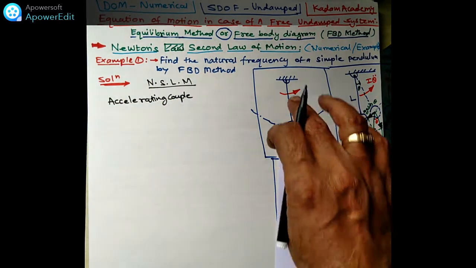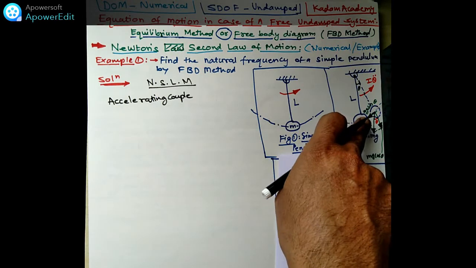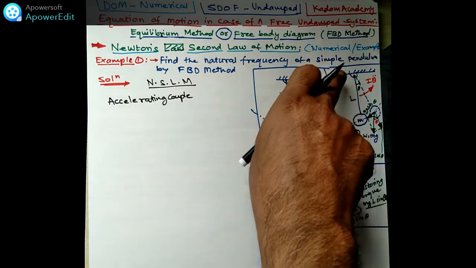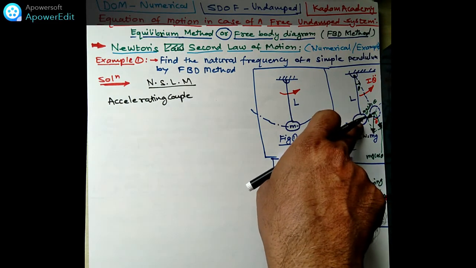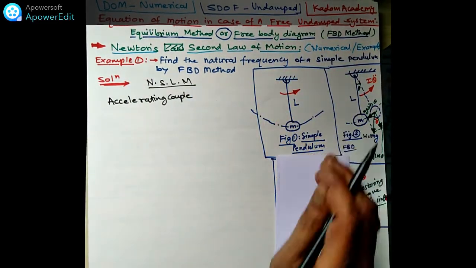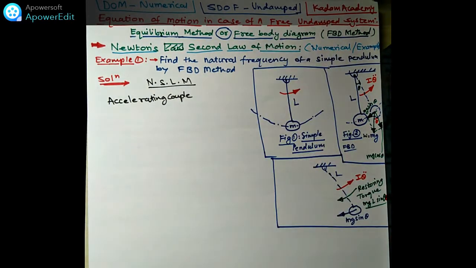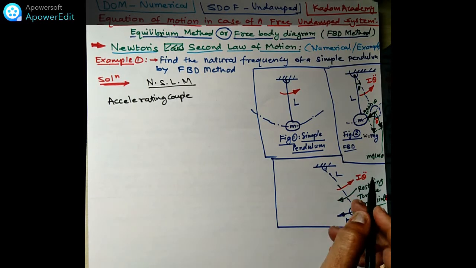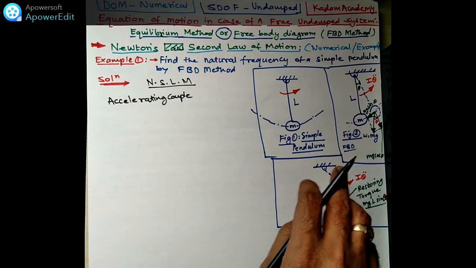Why couple? Because the force is applied here, and the length of the string is L, so a couple is formed. Here I theta is nothing but its moment, and the restoring couple will oppose it.